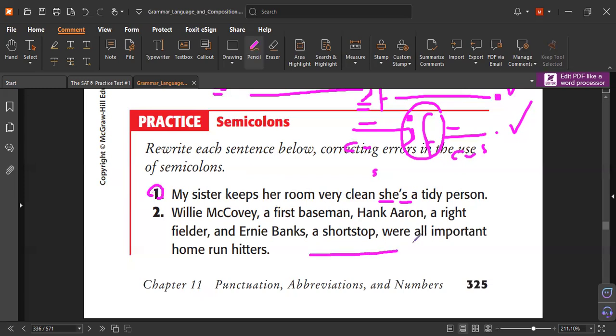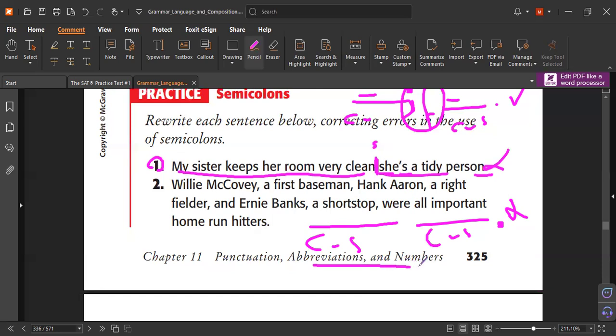Complete sentence, no punctuation like that, complete sentence, full stop, wrong. I told you about it before. It's called a run-on mistake. Complete sentence, nothing, complete sentence, full stop, wrong. Complete sentence, nothing between them, complete sentence again, wrong. Complete sentence, comma only, complete sentence, full stop, wrong. Yes or no? That's it.